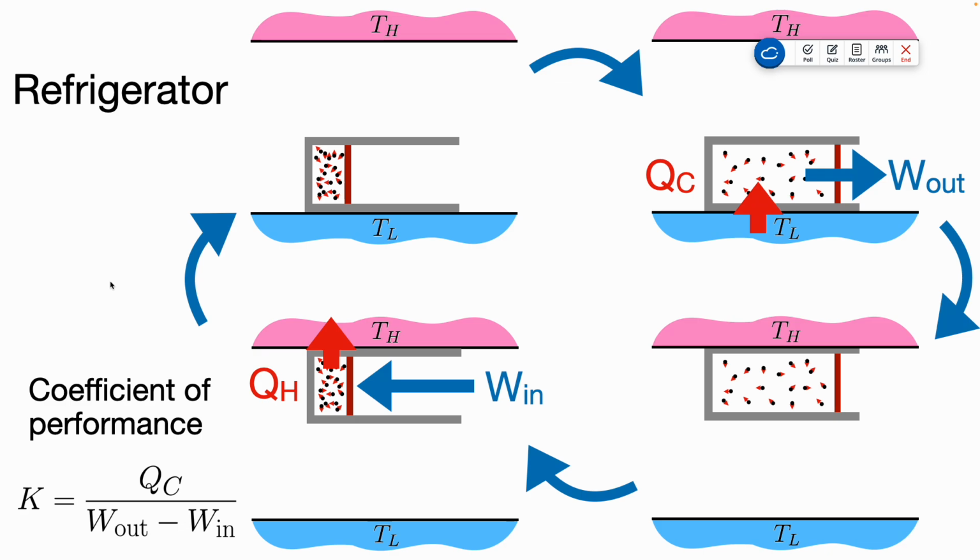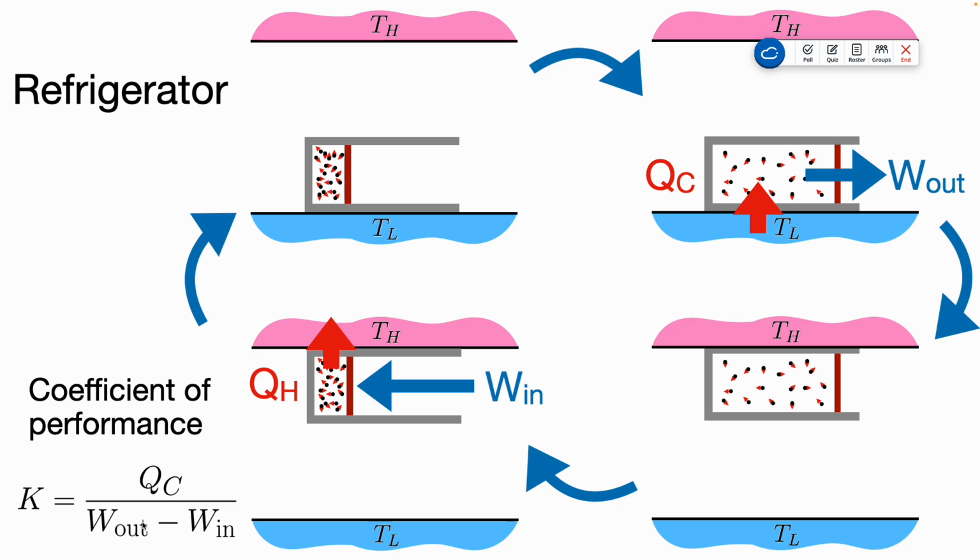So for a refrigerator, instead of efficiency, we care about different things. We care about how much heat we can pump from the room, from the cold reservoir, which we call QC, by the net work we input to the refrigerator.